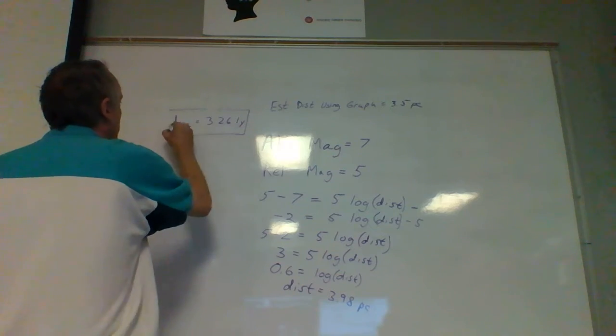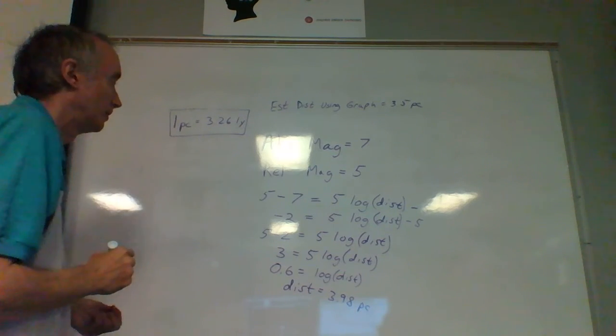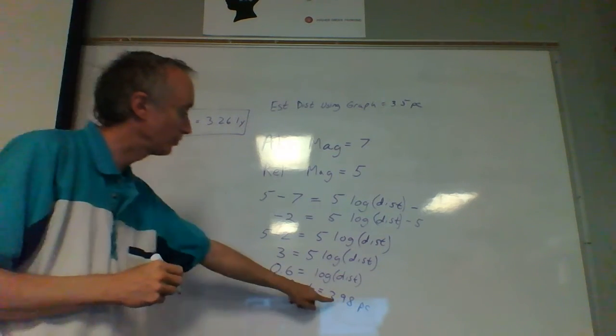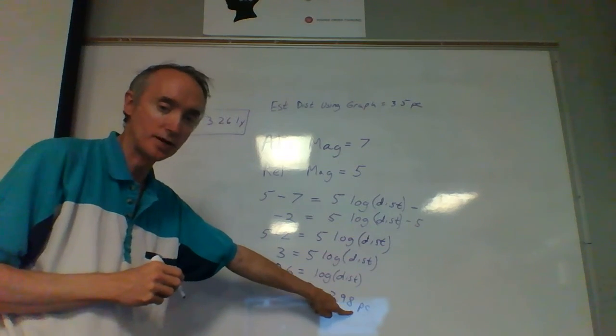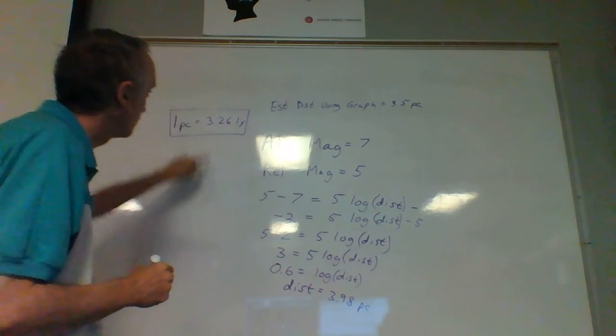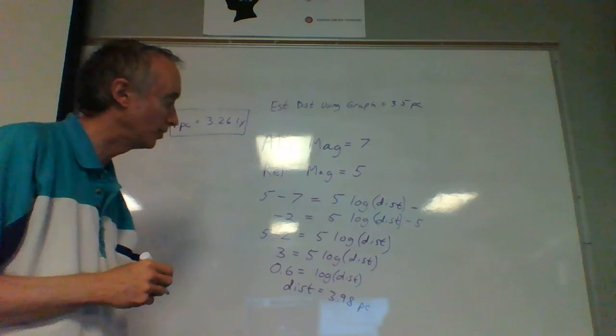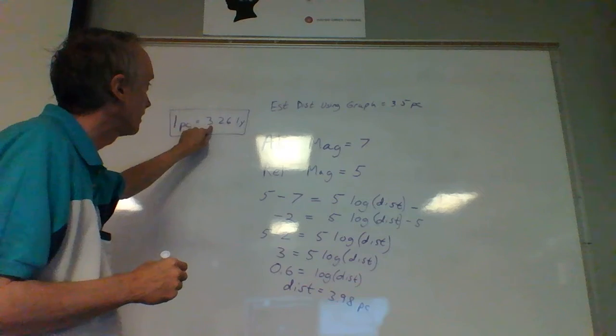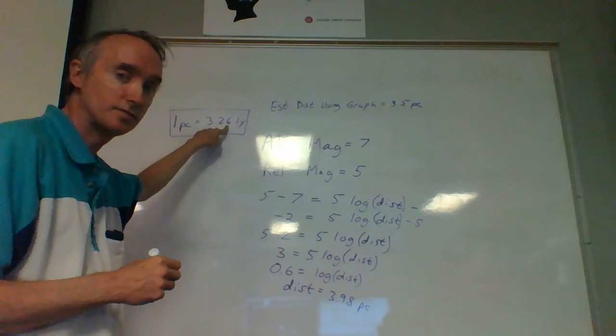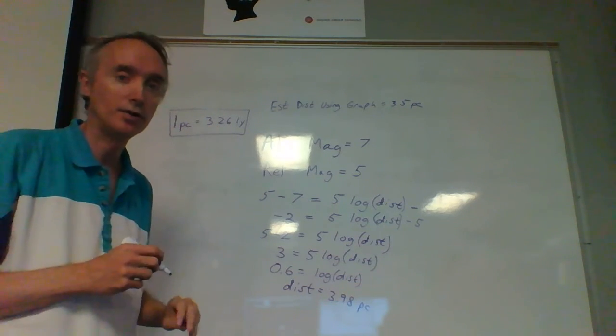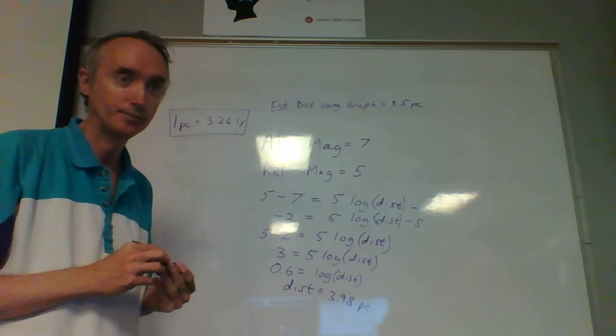So there's my conversion factor. So if I've got 3.98 parsecs, then in order to go to light years, I just need to multiply 3.98 times 3.26, and that would be the number in light years.